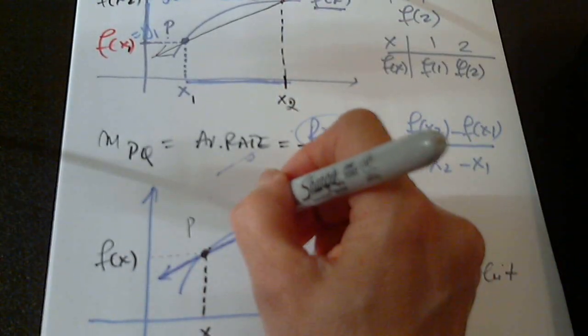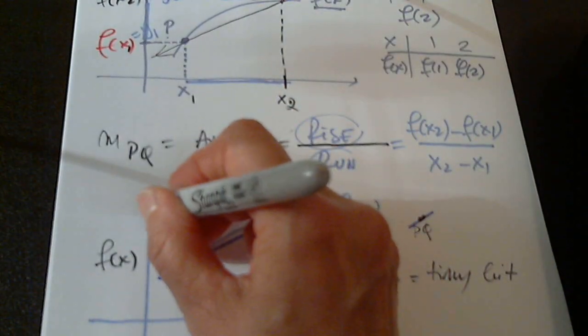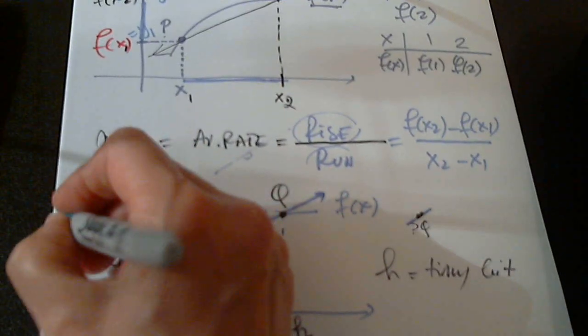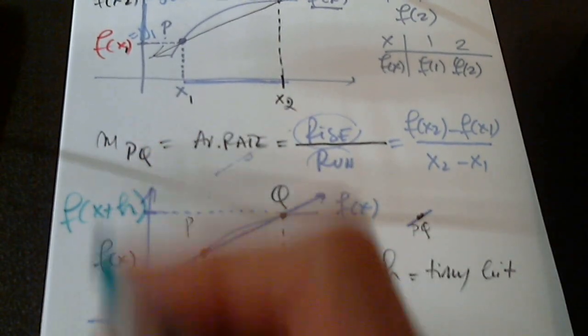But I need to identify first the y coordinate of Q. Can anyone help us with the y coordinate of Q? Would it be f of x plus h? Thank you very much. Indeed.